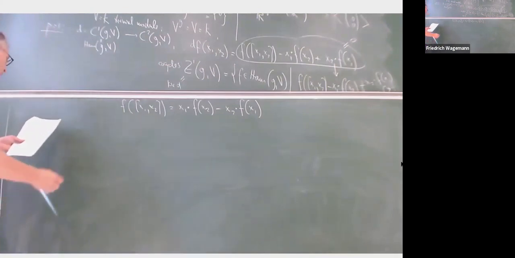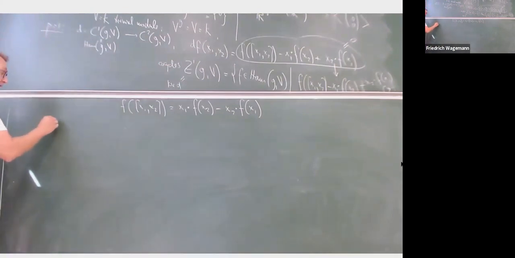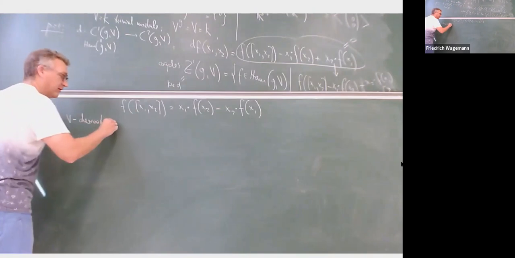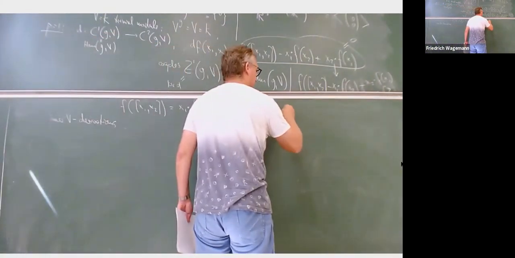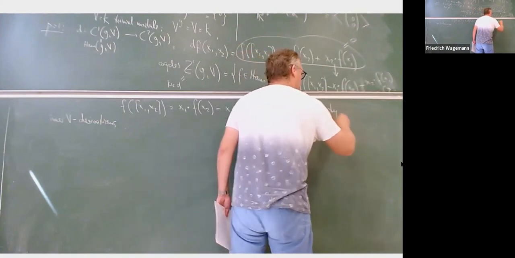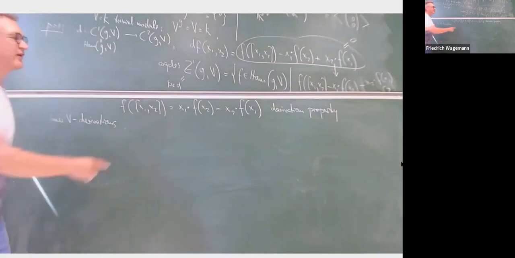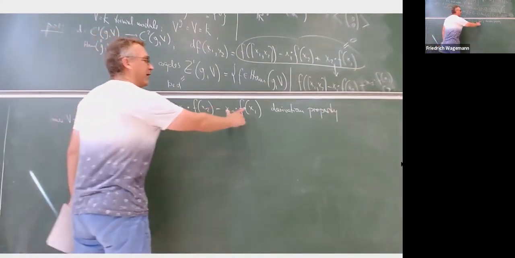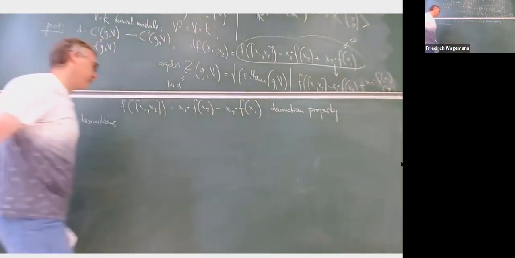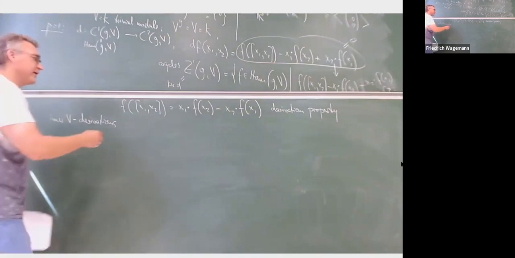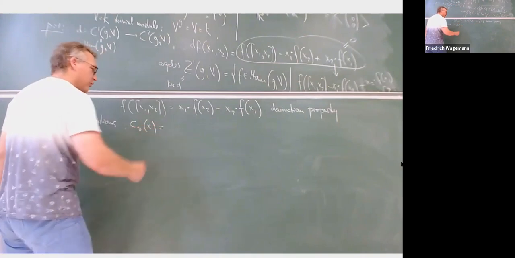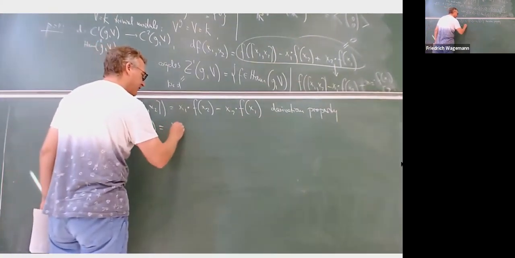Yeah, and so in a V-derivation, maybe you ask yourself why there's a minus sign here. Yeah, this comes from this exchange of x1 and x2. Yeah. So the inner derivations are the maps x goes to x acting on v.